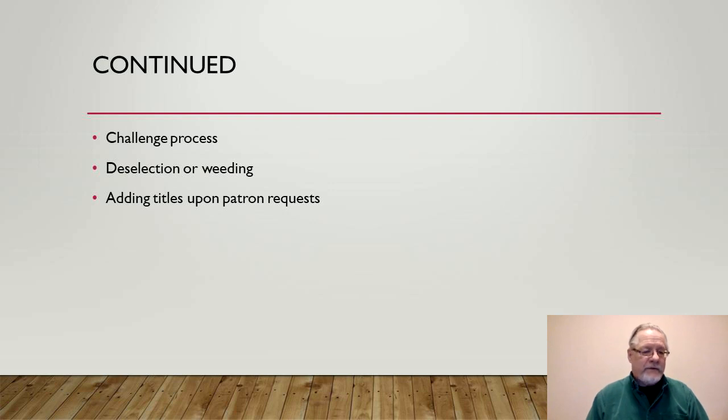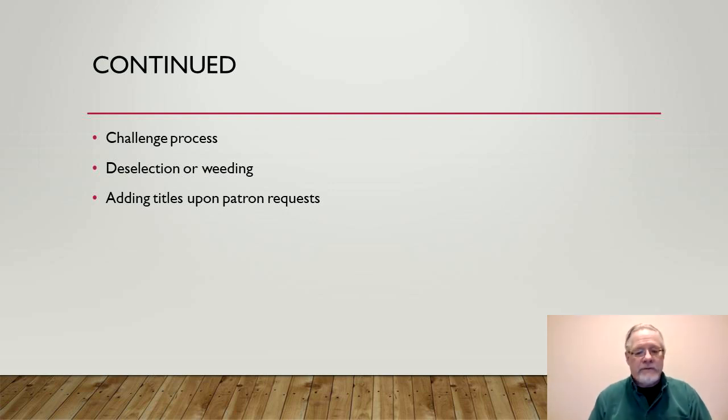Another aspect in the policy is you should mention how the library handles weeding or deselection. And then, of course, the other aspect is if a patron makes a request for adding a title, how do you handle adding a title?